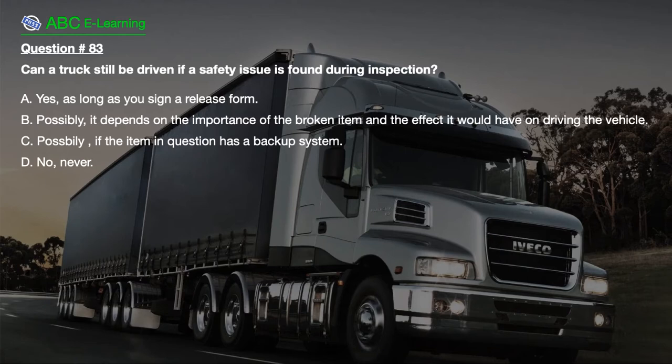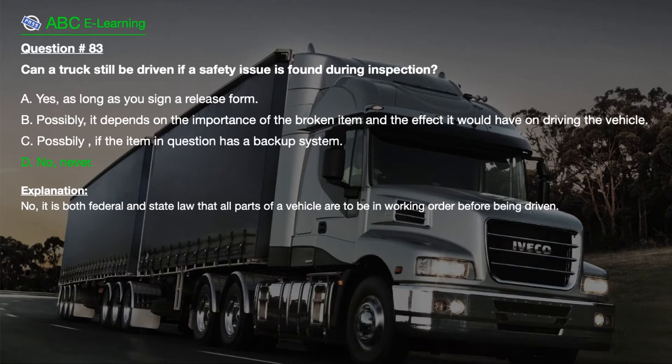D. No, never. The correct answer is here. D. No, never. Explanation. No, it is both federal and state law that all parts of a vehicle are to be in working order before being driven.